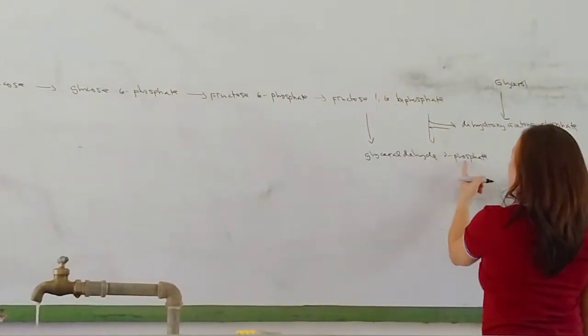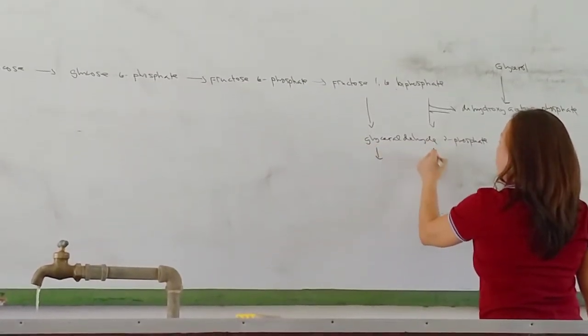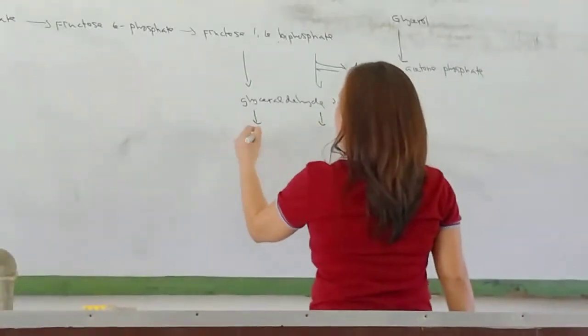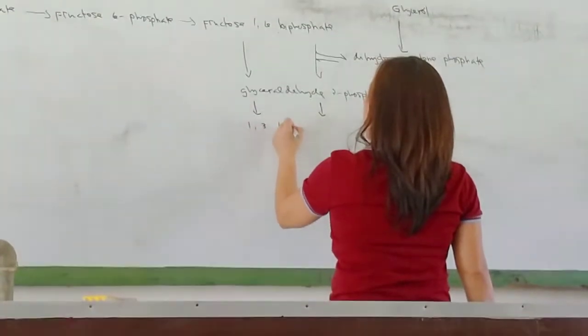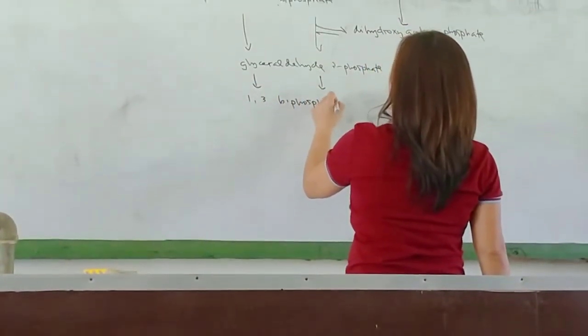Then you have glyceraldehyde phosphate. Then what comes next? 1,3-biphosphoglycerate.